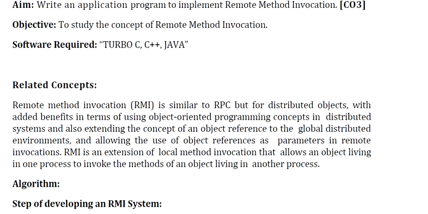The basic concept behind RMI is similar to that of RPC, that is, remote procedure call. But the difference between RPC and RMI is that RMI uses methods of an object which is used by another process at another location.